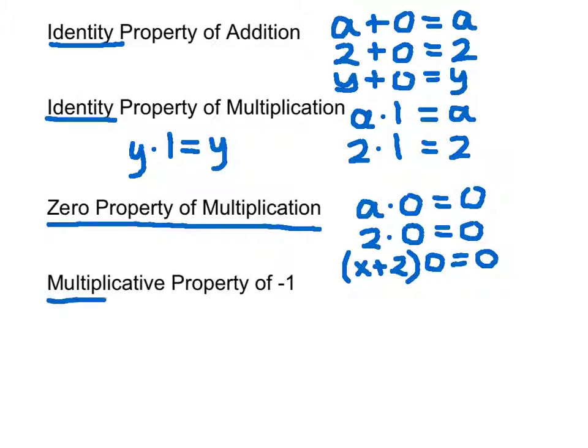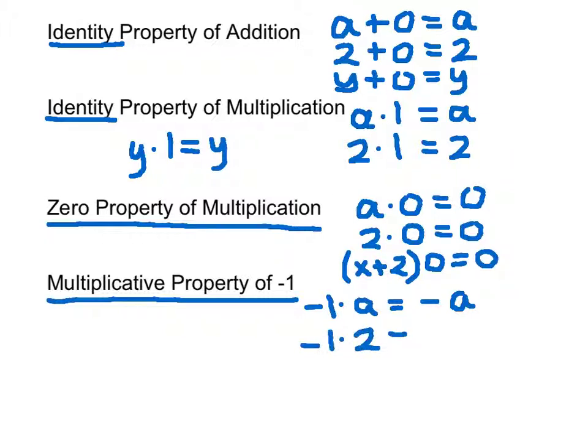The last one on this page is the multiplicative property of -1. Basically it says if you take -1 and multiply it times a number, you'll get the negative of the number. So let's see an example. -1 times, let's choose 2. 2's positive, right? So negative 1 times 2 gives you negative 2.